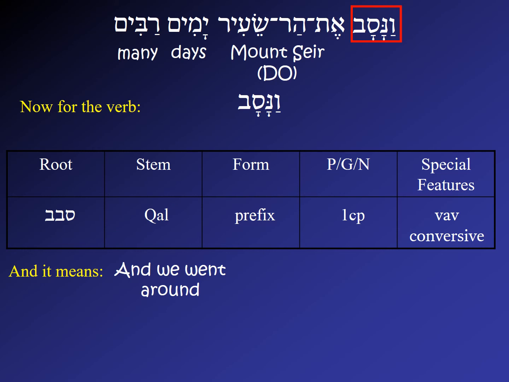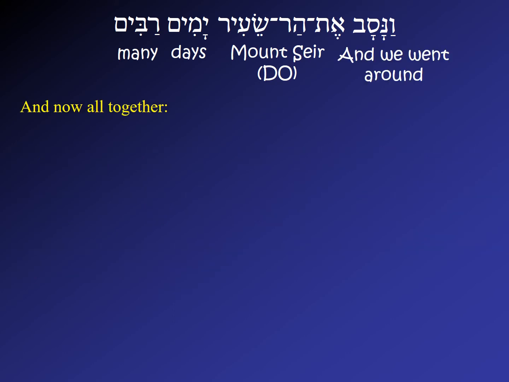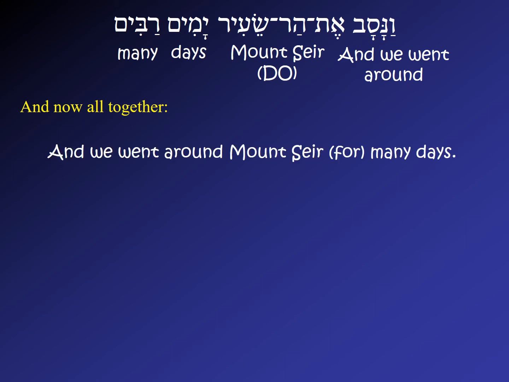Savav indicates something circular or round, and so the exact translation is a matter of some interpretation. So now we can put it all together. Va nasav et har seir yamim rabim means something like, and we went around Mount Seir for many days, or we encircled Mount Seir for many days.